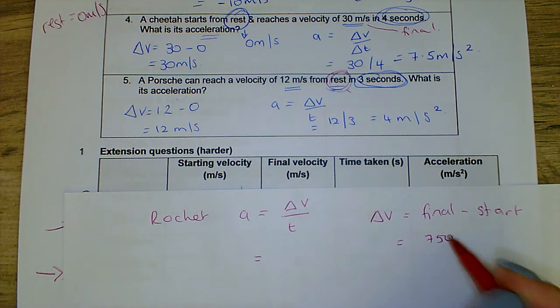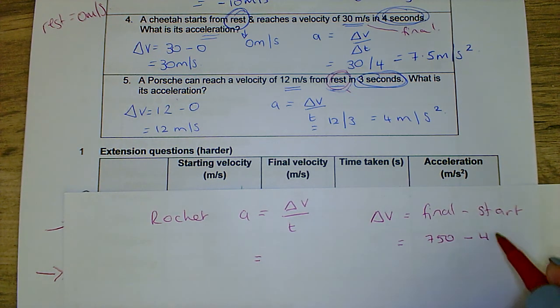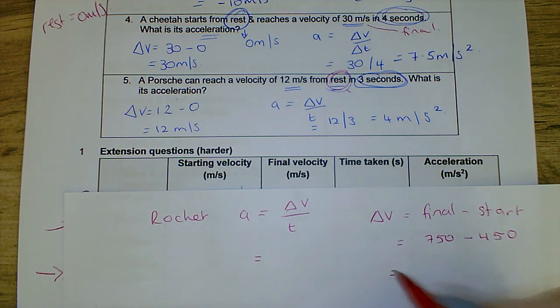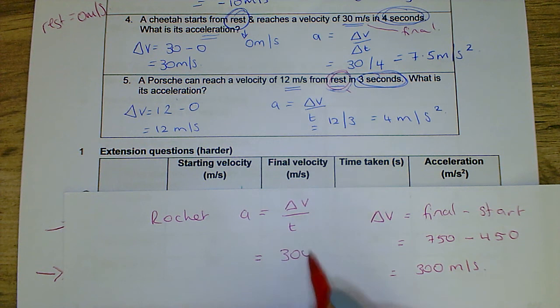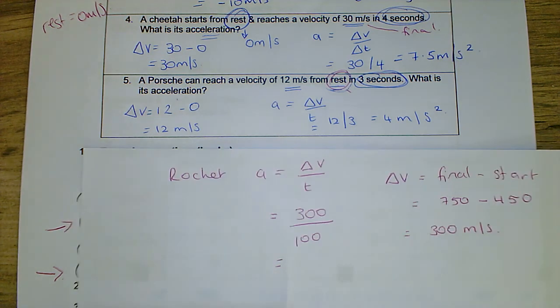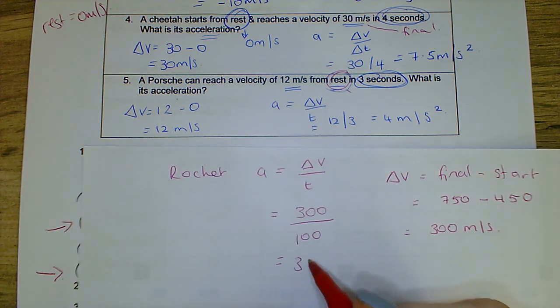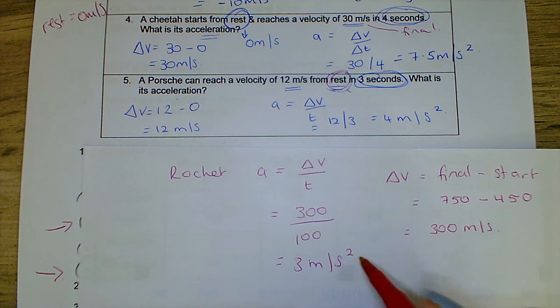Final was 750, take away 450, equals 300 meters per second. And the time it took was 100 seconds. So your answer should be 3 meters per second squared.